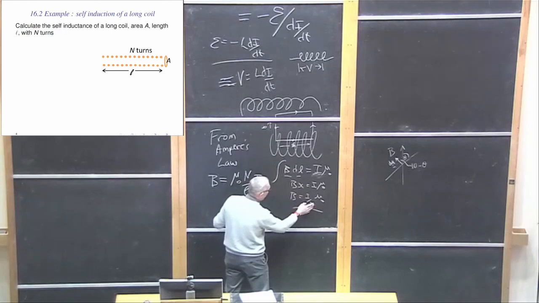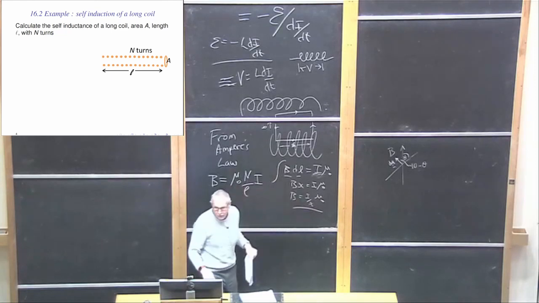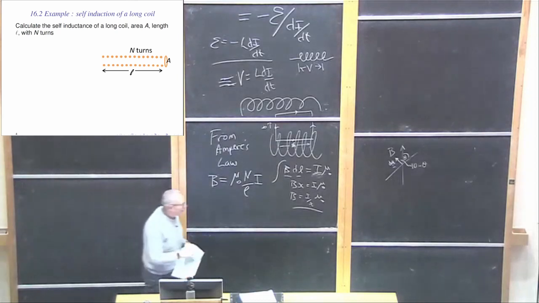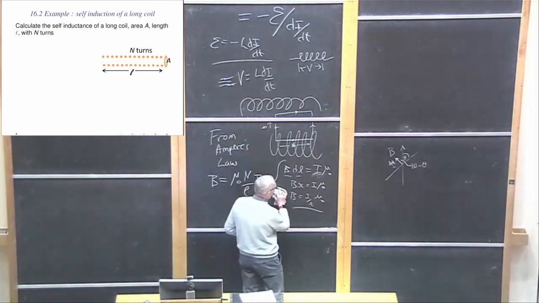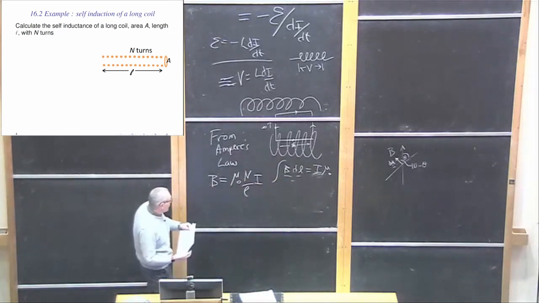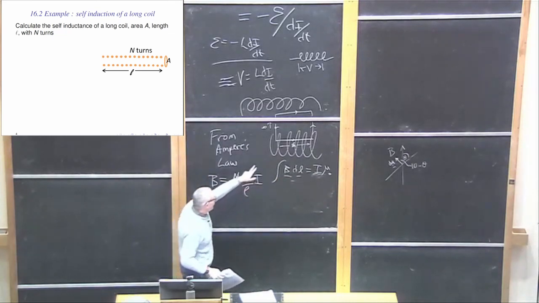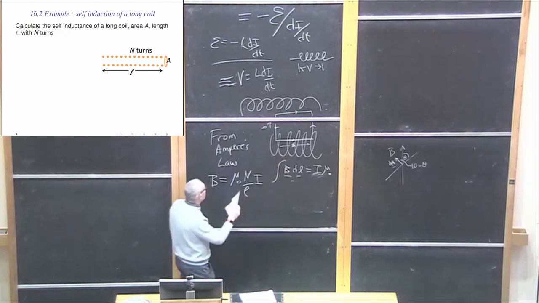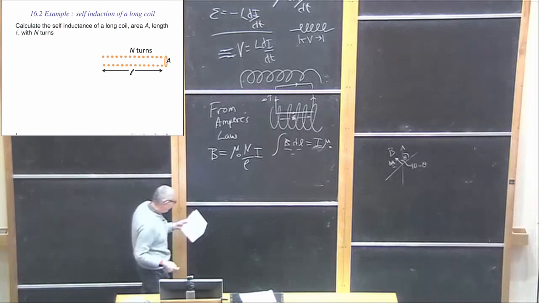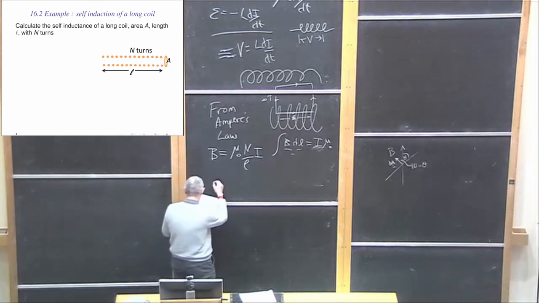Sorry, I've got to put n in here. Look, ignore that. I'm ad-libbing here, so I thought I'd better derive it just to satisfy you in case you've forgotten. But that's the source of the field. So that's the field that I derived a few lectures ago.